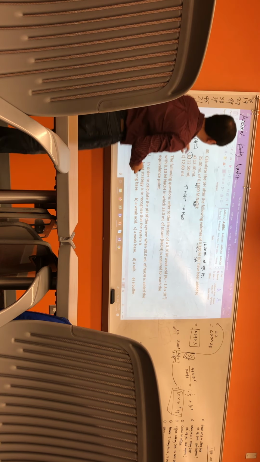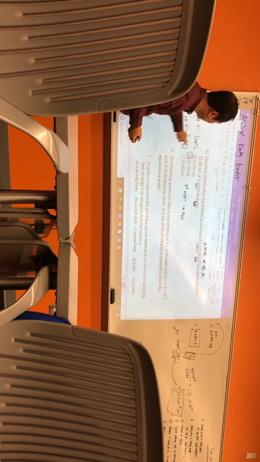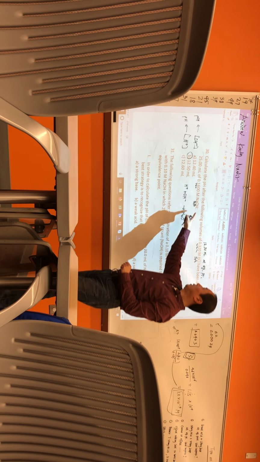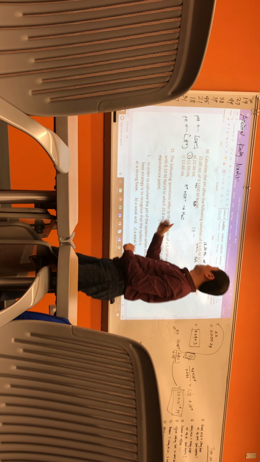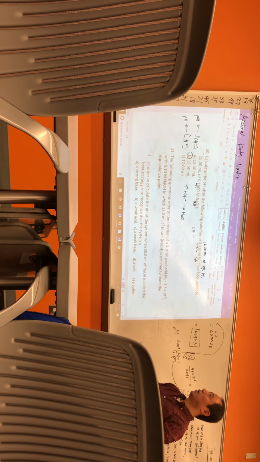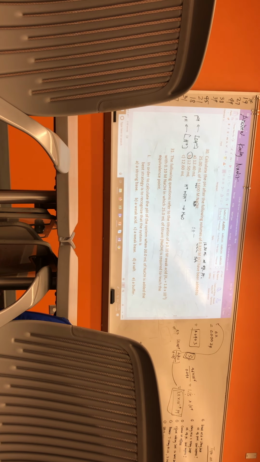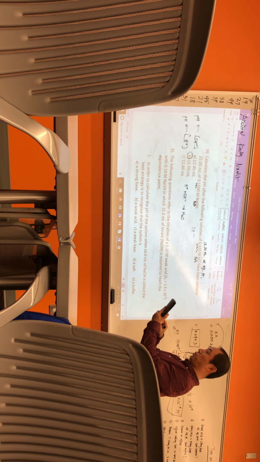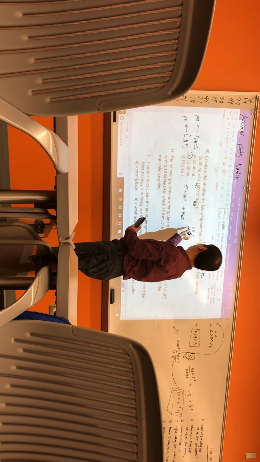Let's do that. For A, we need to find the concentration of hydroxide. Here, for hydroxide, we have 25 times 0.16. What is 25 times 0.16? It's 4, so I have 4 millimoles.